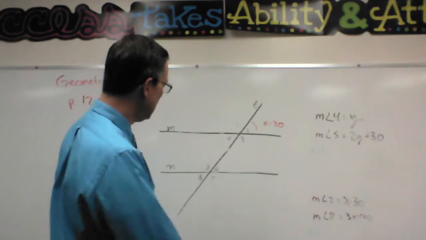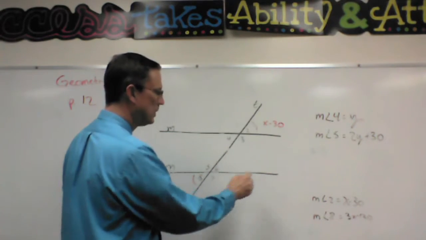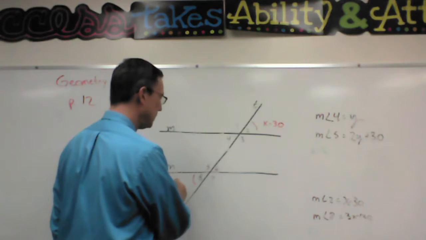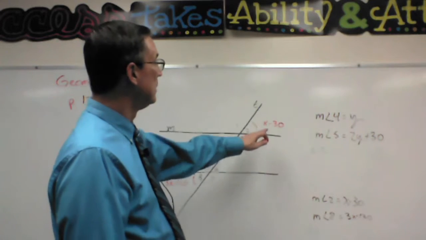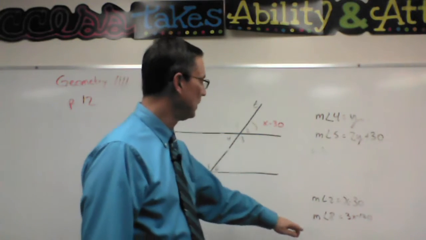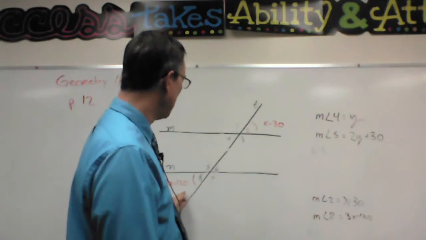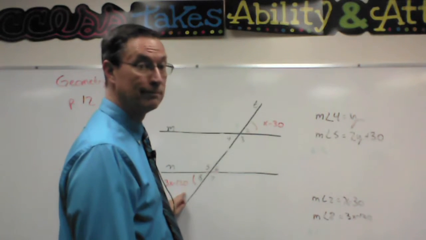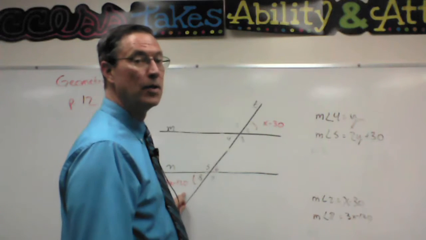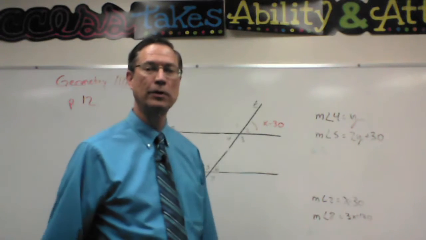Measure of angle 8 is represented by 3x minus 120. Now, from Theorem 11, what do we know about these two exterior angles on alternate sides of the transversal? They are equal to each other, right?